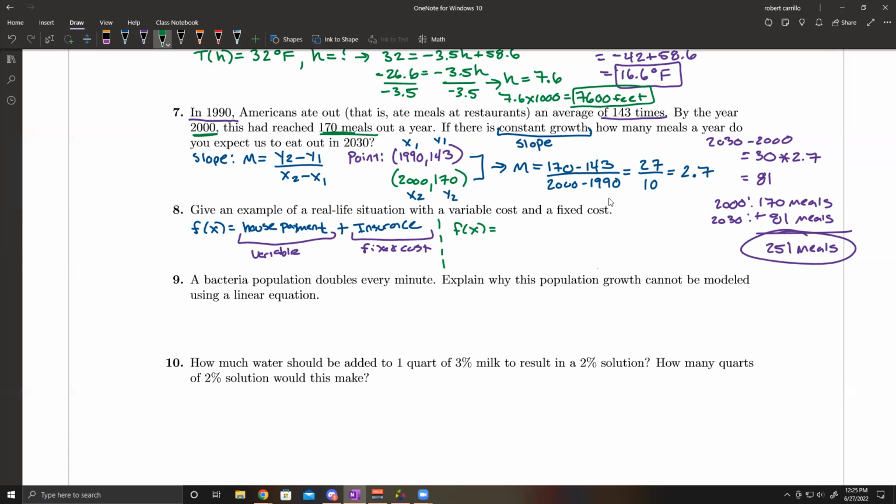We could talk about cars, right? So we could say mechanical costs. How about this? Mechanical costs are a fixed cost. That would be fixed.